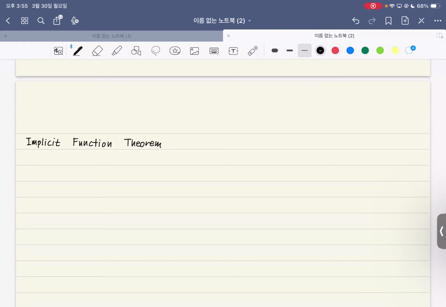Why? Because if you can solve this for y, then probably you will end up with this expression, and this is how you define a function. The first way, we usually say, is an explicitly defined function. And the second way, we say, is an implicitly defined function.